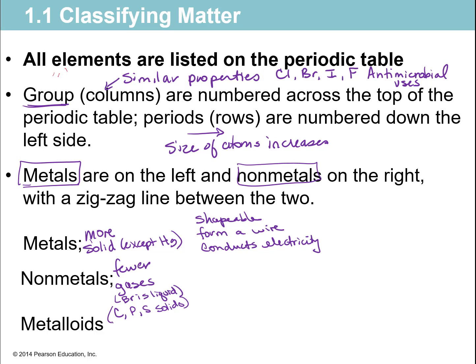Well, nonmetals, because most of them are gases, nonmetals really are not shapeable. In fact, the few that are solid are really brittle. So if you take carbon, like a Kingsford charcoal briquette, if you take it and you hit it, it just shatters. So you can't take it and bend it. You can't roll it into a sheet or pull it into a wire. So all of these, they're either very brittle, not shapeable, or they exist as gases, and they don't conduct electricity.